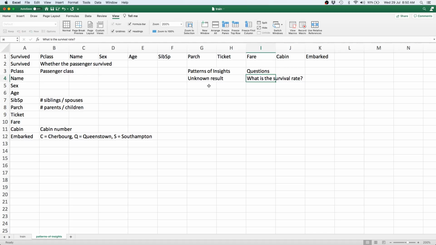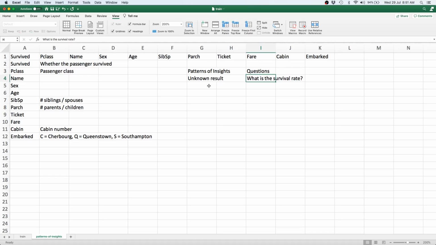That is simply because a lot of people died, but exactly how many people died is not something we know, and what is the probability of somebody surviving on the Titanic is also not something we know. But since it is widely considered a disaster, we can safely assume that the probability is less than 50%, or the survival rate is less than 50%. Whether it is actually less than 50% or not is something that we'll have to verify through the data set.